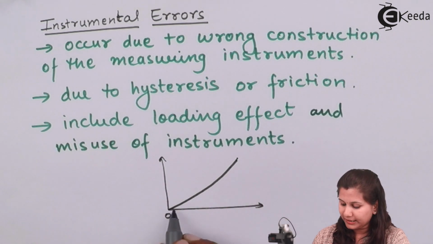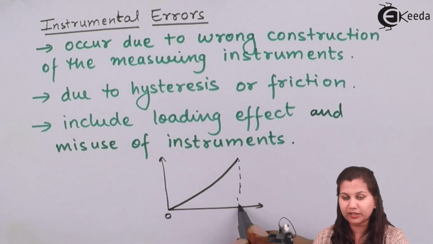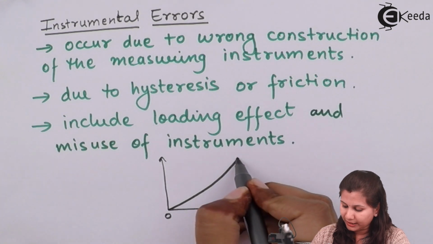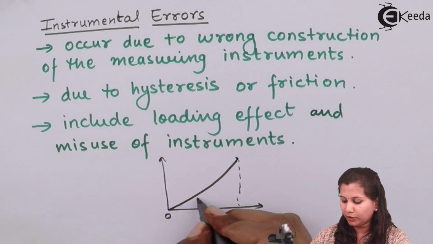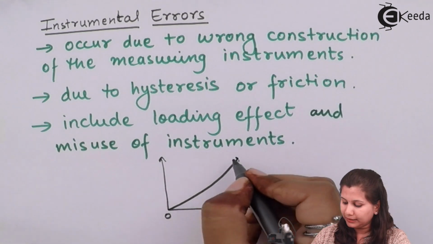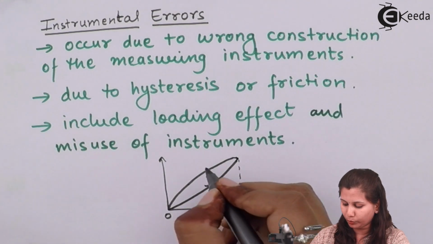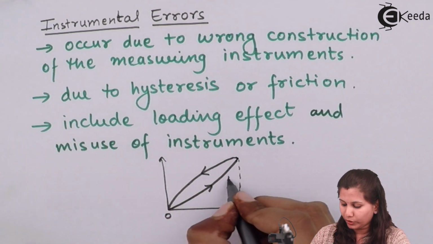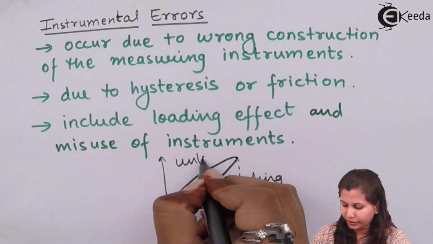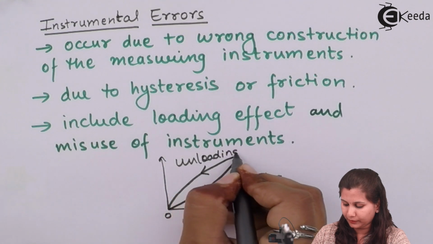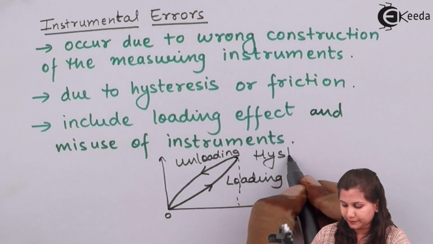Now when we are decreasing the input from its full scale, then the instrument should follow the same curve, but it is not following the same curve, it goes in some different way. So this is called the loading, and this is called the unloading, and this phenomenon is called the hysteresis.